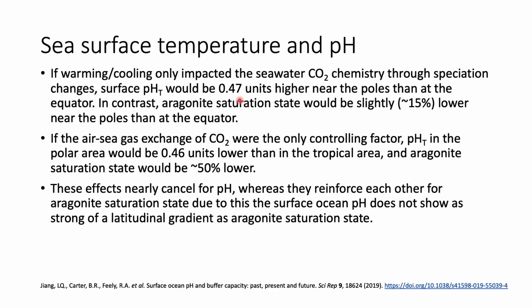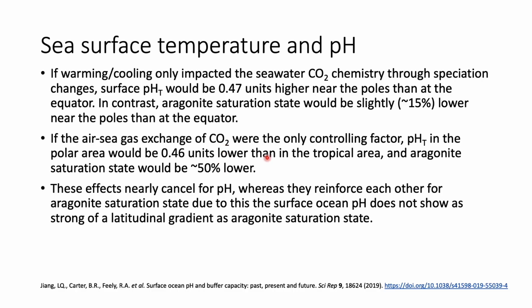So both are actually happening by the change of temperature. One process lowers the aragonite saturation between different places when we compare the polar and the tropical region. In the other case, exactly the opposite thing happens.